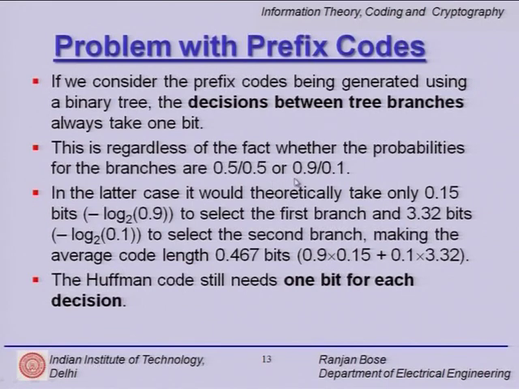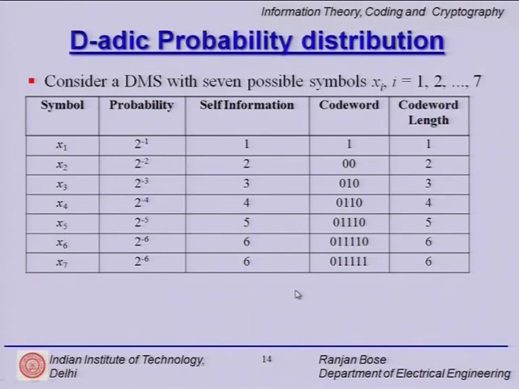In the latter case of 0.9 and 0.1, suppose these two branches finally add up to 1, it would only take 0.15 bits to select the first branch and 3.32 bits to select the second branch, because 0.1 is rarer than 0.9 probability, and therefore, I need more bits to represent that. But the Huffman code will always ascribe 1 bit per decision.